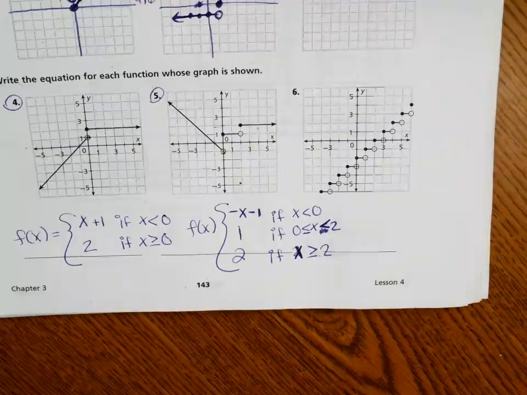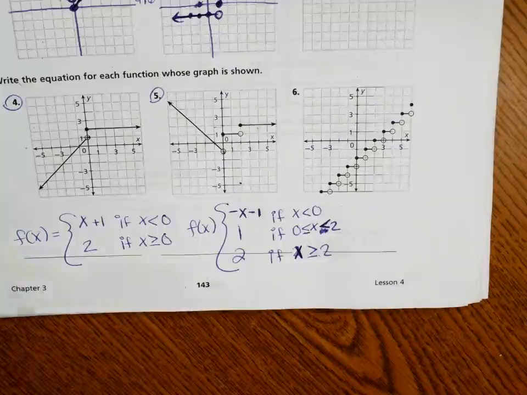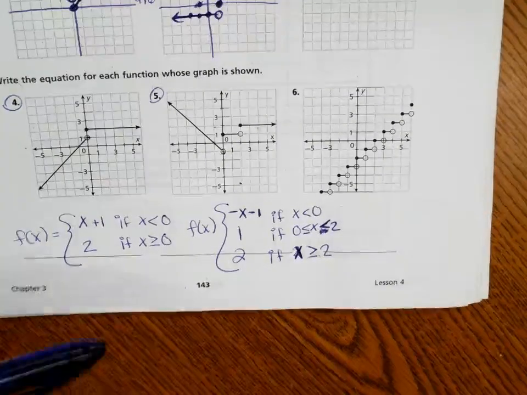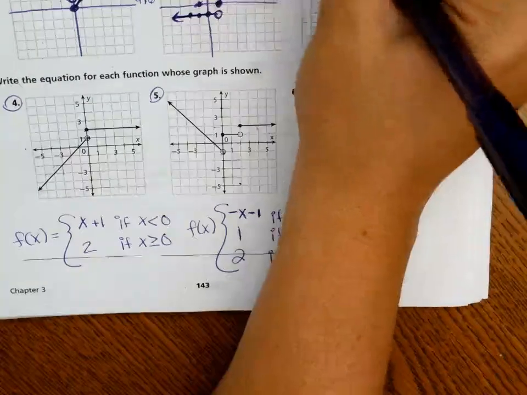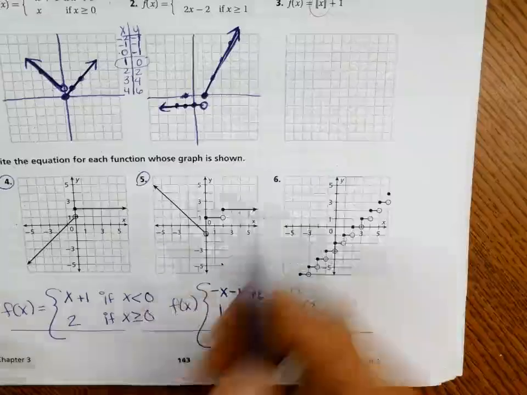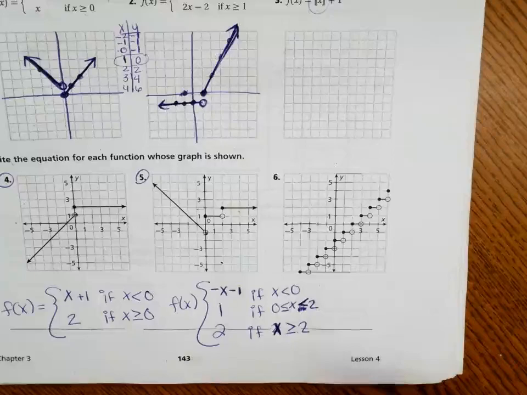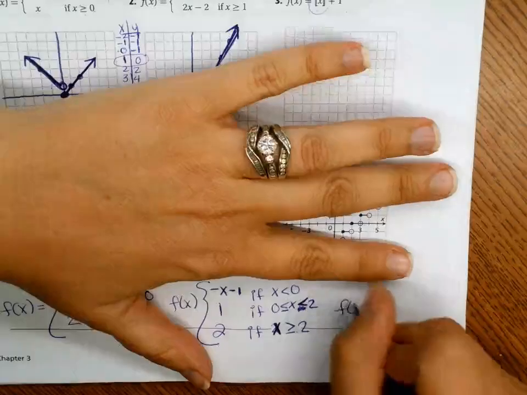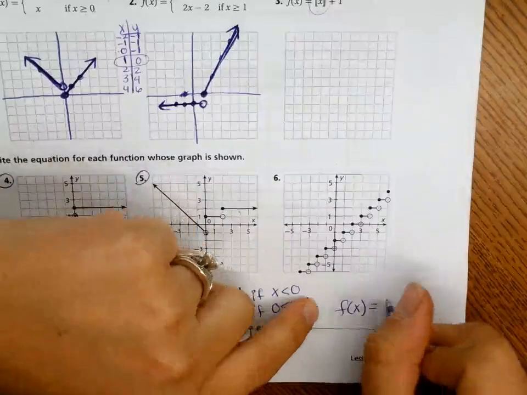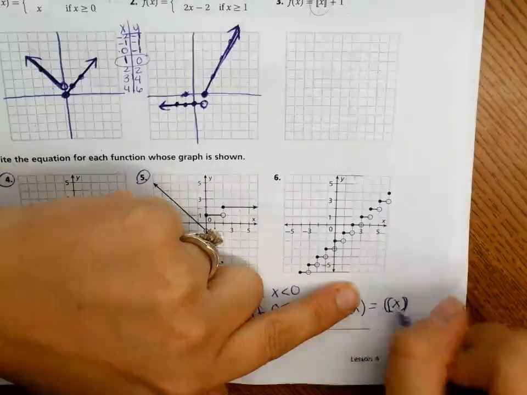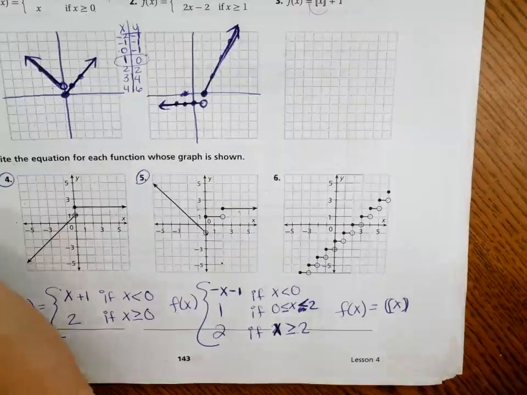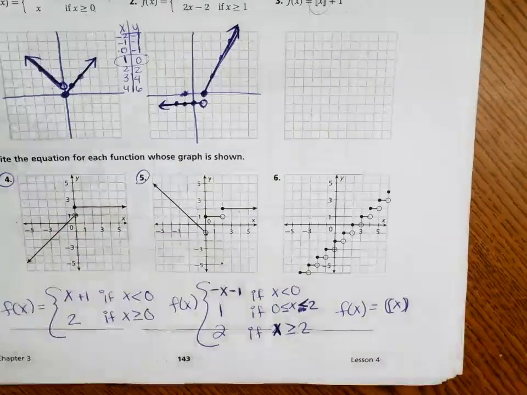The next one's obnoxious because it's a step thing, right? But it's not too obnoxious because don't we have our cheat sheet? Isn't this the steps? Right there? That's the steps. So this is just f of x equals x. All right, so normally, what do our steps normally look like?